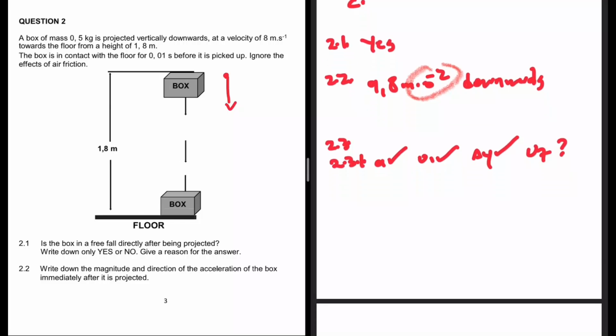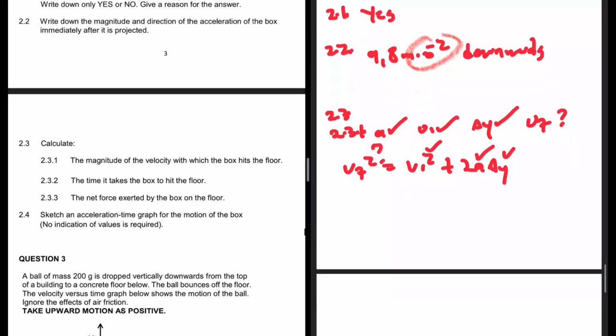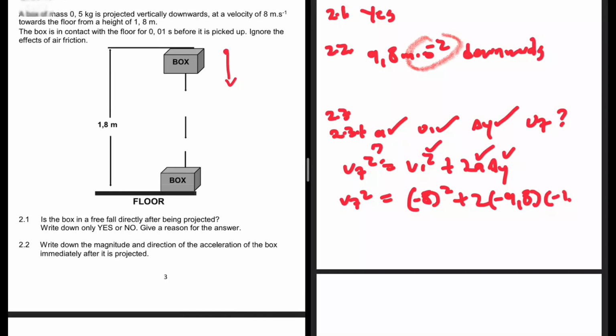Okay, so it should be easy to see that for 2.3.1, the magnitude of the velocity with which it strikes the ground, VF squared equals VI squared plus 2a delta y. We have VI, we have acceleration, we have delta y, we are looking for VF. So VF squared equals, I'm taking up as positive, right? So my VI is minus 8 squared plus 2, my acceleration minus 9.8, and then delta y is minus 1.8.